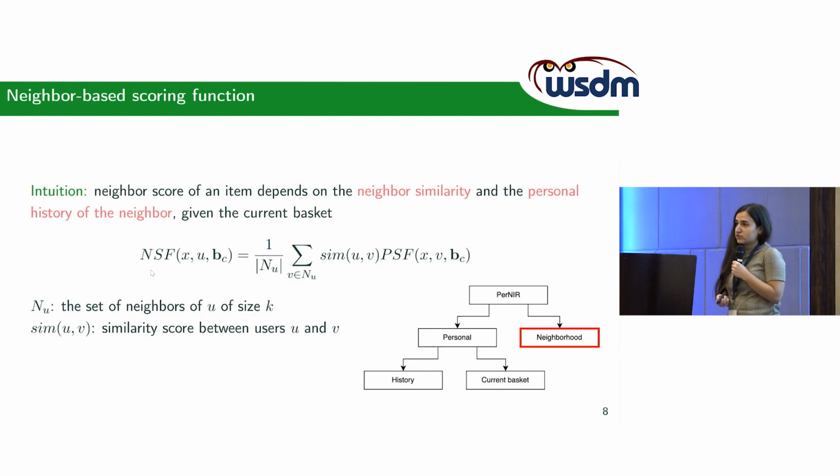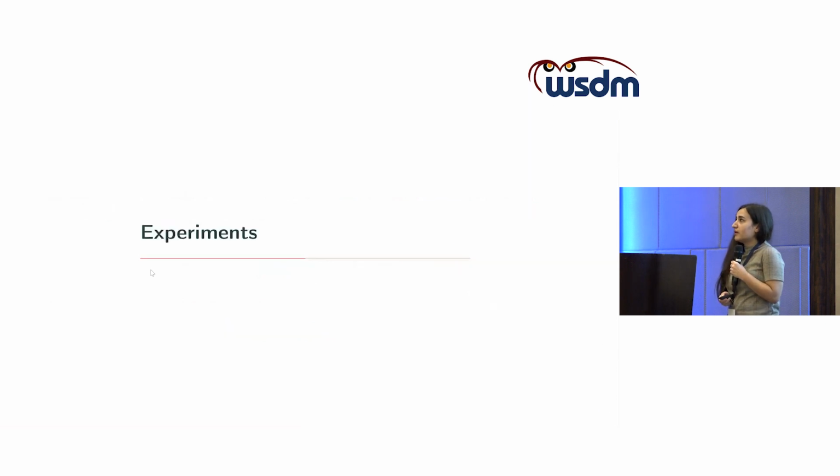So if we have a set of neighbors for a user, and assume that each of these neighbors were given this current basket, how would they have personally scored these items? For the weights of this weighted average, we use the similarity between users. With that, the recommendation model is complete, and we have scores for all the items.